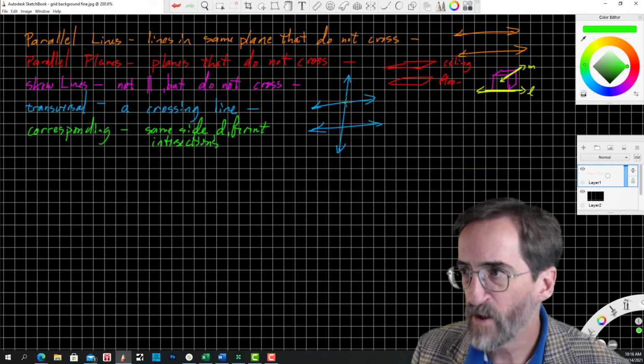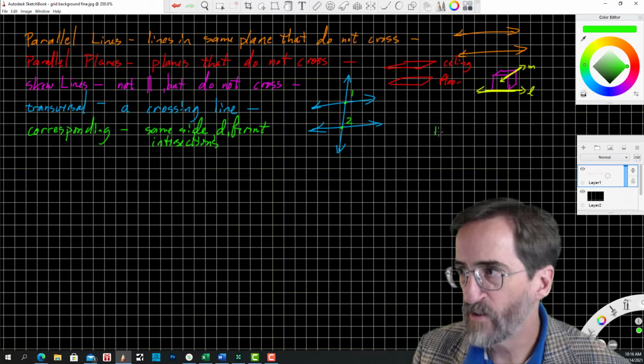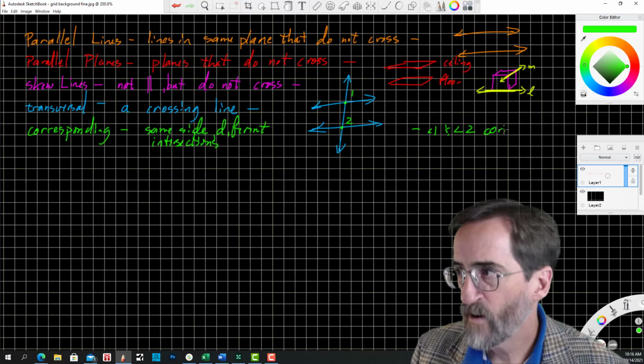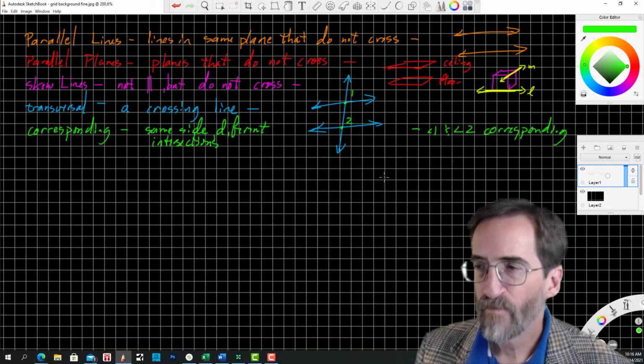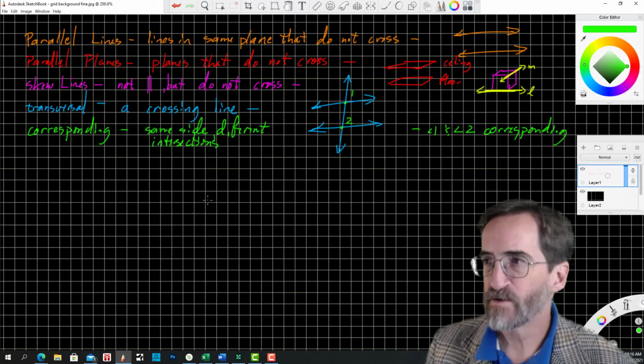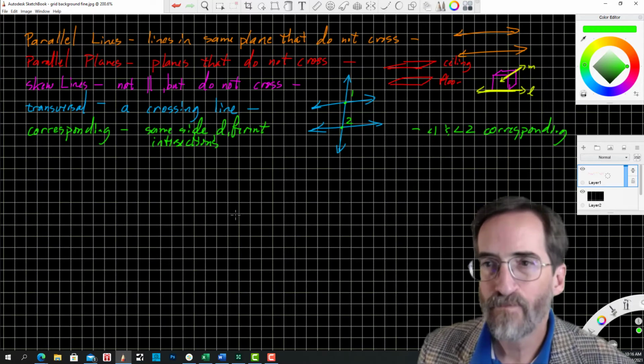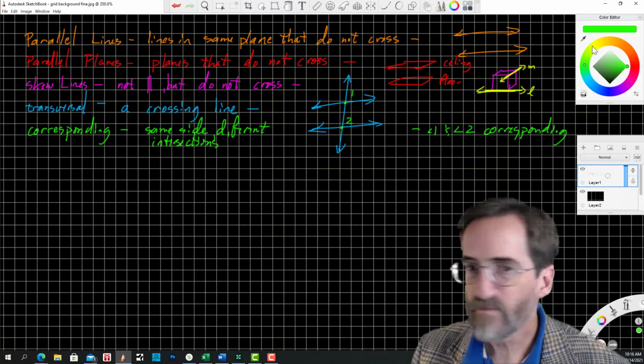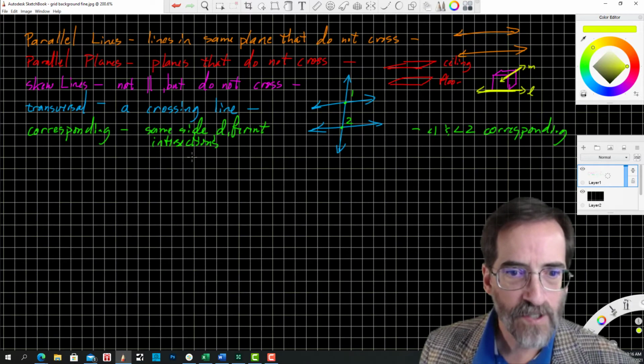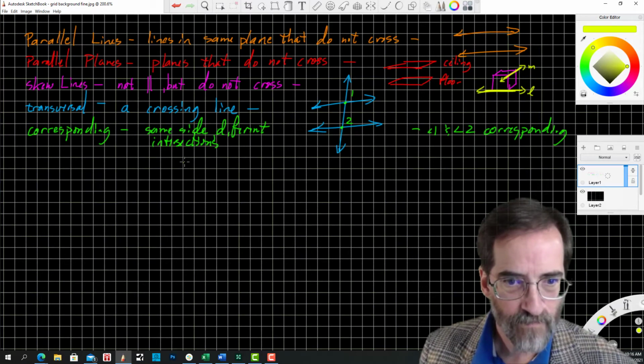Like, I'm going to number them, angles 1 and 2, which are both on the top right. Angle 1 and angle 2 are corresponding. Okay, same side, different intersections. Top right, corresponding.